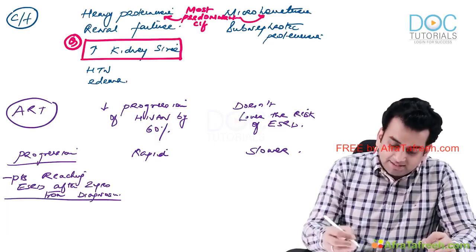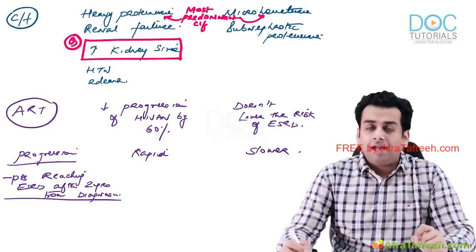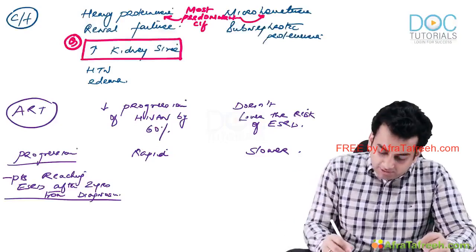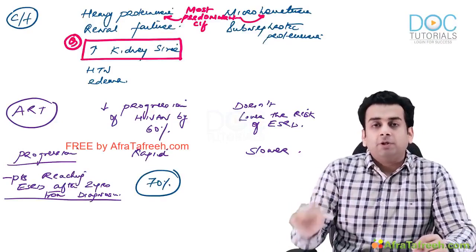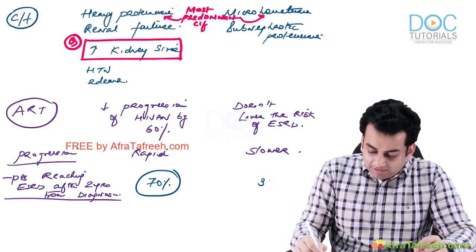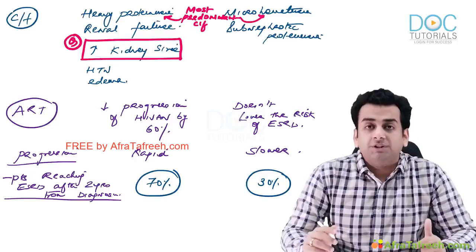So, if I diagnose a patient to be HIVAN today, I know after 2 years 70% patients will have reached ESRD, but only 30% patients of HIVIC reach ESRD after 2 years.